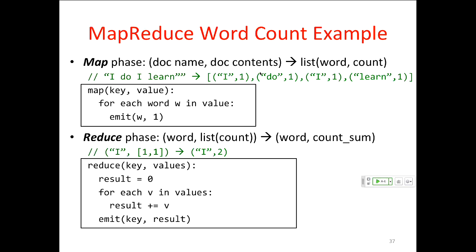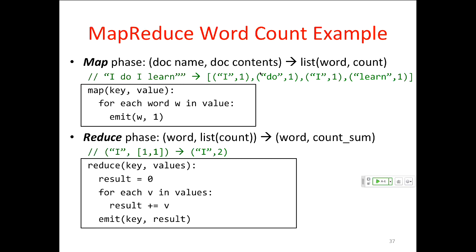But now the map phase will generate this kind of pairs. For each word, it generates a word and count value. We are only looking at one word in the map phase, so it generates a pair of the word and just one here.